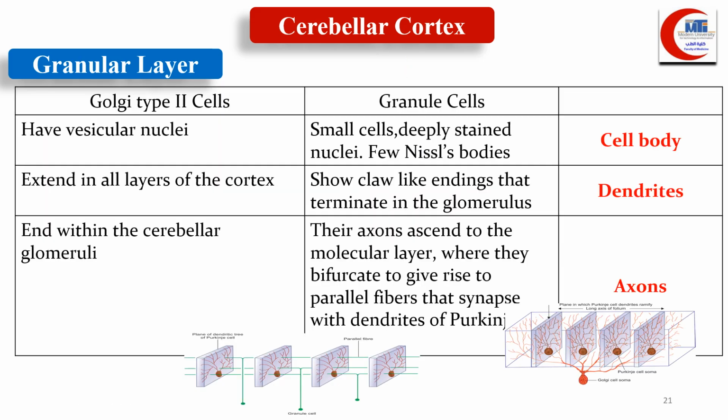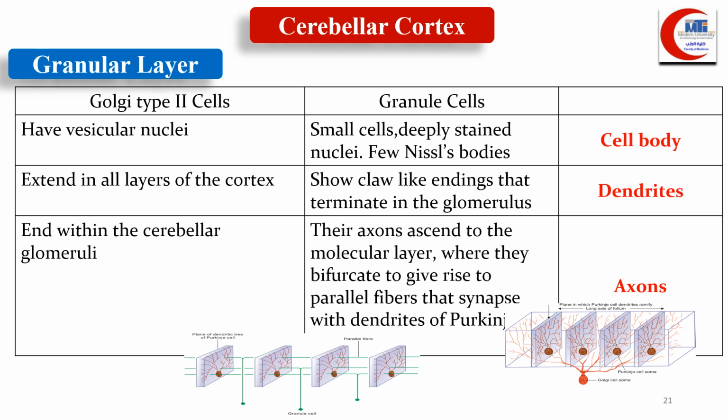What about the difference between these two important cells? As regards the cell body, granule cells are small cells. They have deeply stained nuclei, with few Nissl bodies present inside.